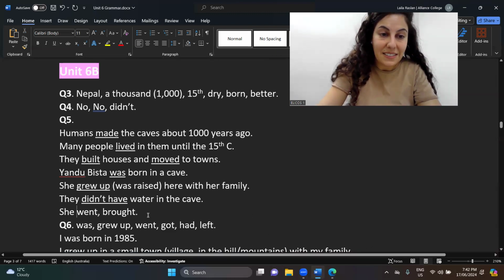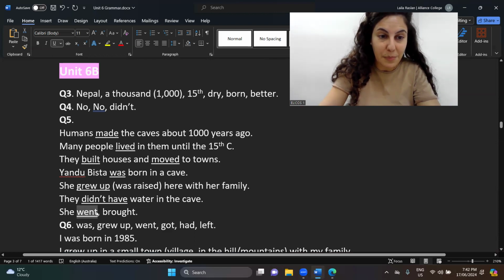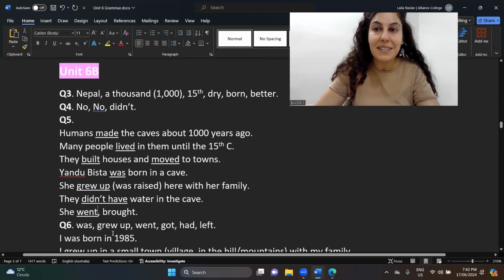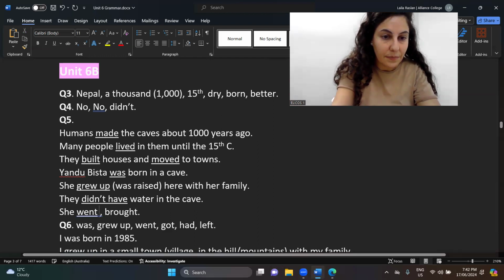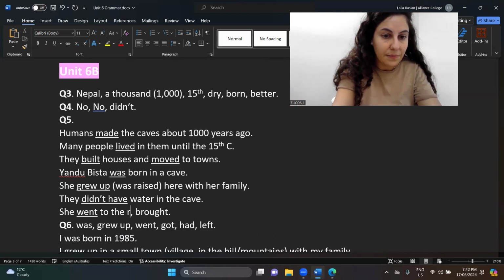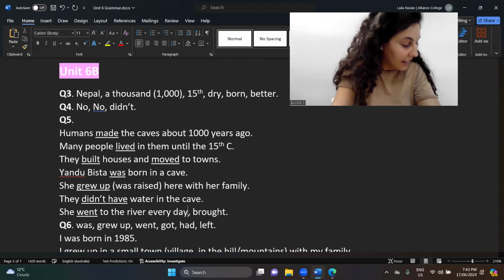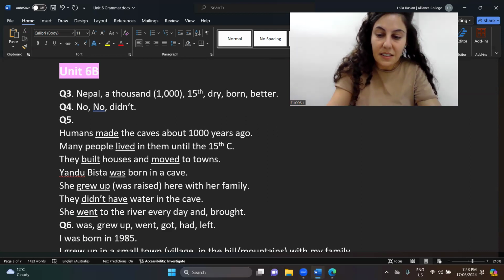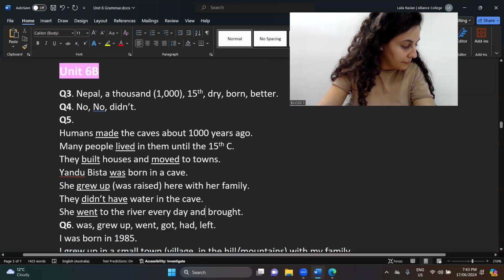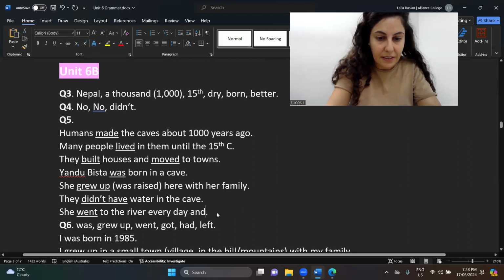She went. Okay, went comes from the verb go in the past. So anytime you want to say, I went somewhere yesterday or last night or on the weekend, she went to the river every day and brought. So brought comes from the verb to bring.